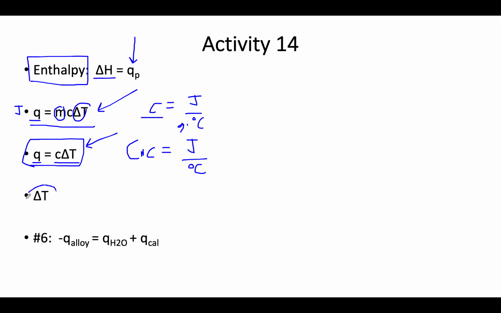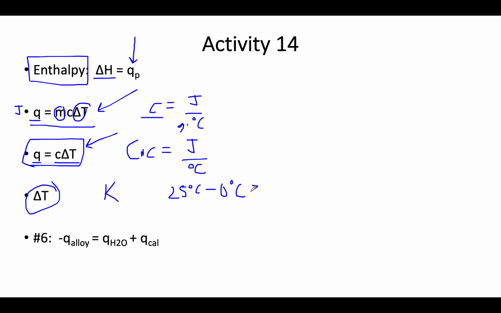When you're going to use delta T, many of the problems give either the constant or the temperatures in Kelvin. It doesn't matter if you're in Kelvin or Celsius when you're doing the change in temperature. What I mean by that is, let's take 25 degrees Celsius and subtract 0 degrees Celsius.